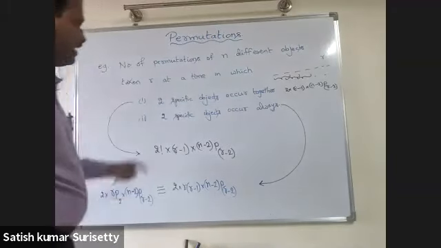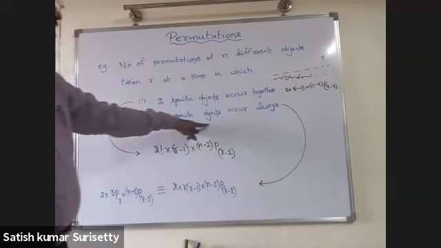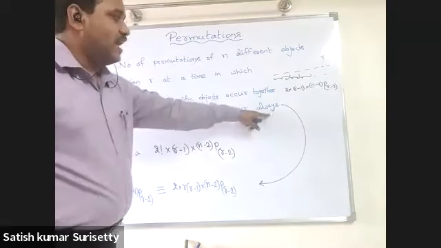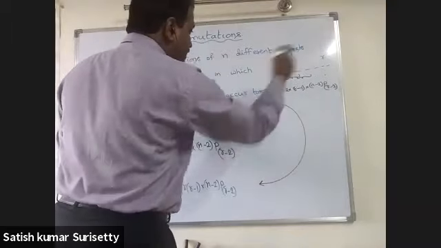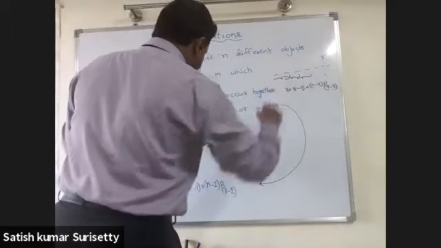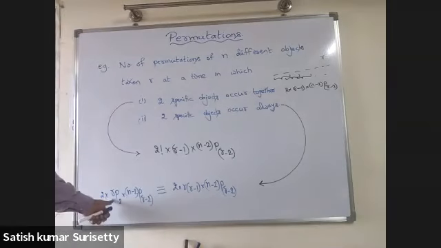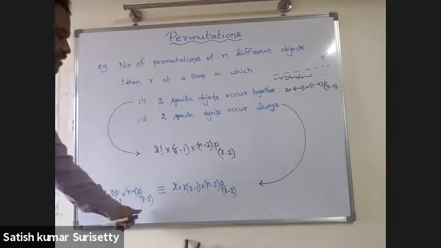Whereas in the second bit, two specific objects occur always. Occur always means they can be anywhere. So one way of expressing it is rP2, because two objects can be anywhere out of r positions, and they can be interchanged. That is 2 into rP2 into n minus 2 P r minus 2.